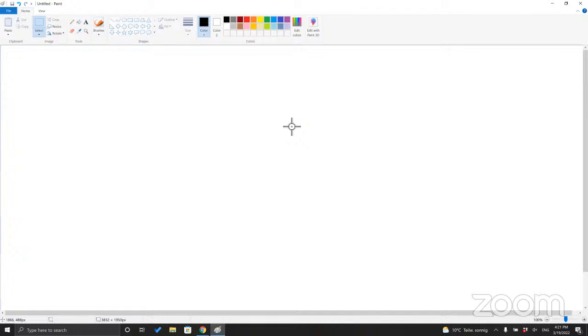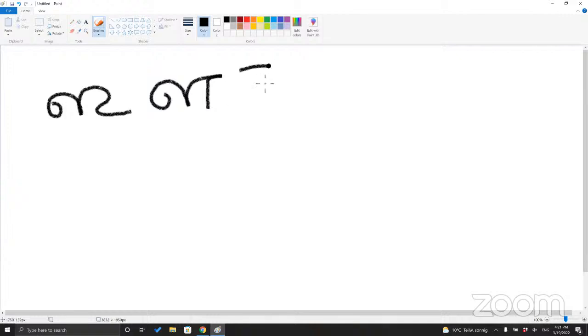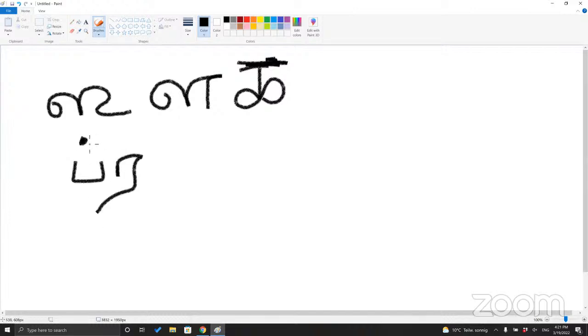Sanskrit also has the other la, the big la, as in pralaya.